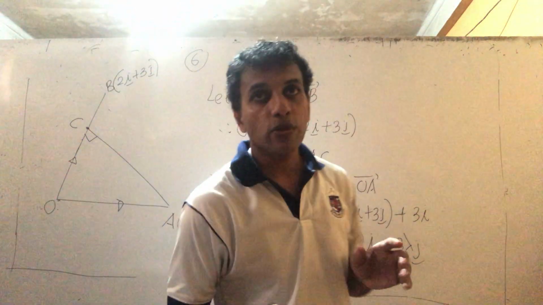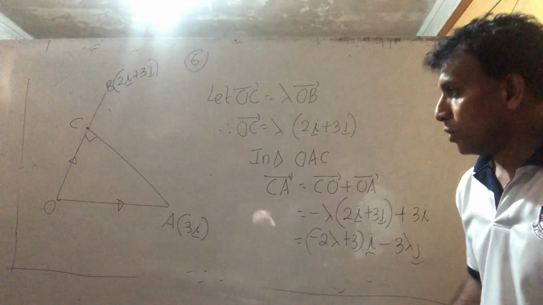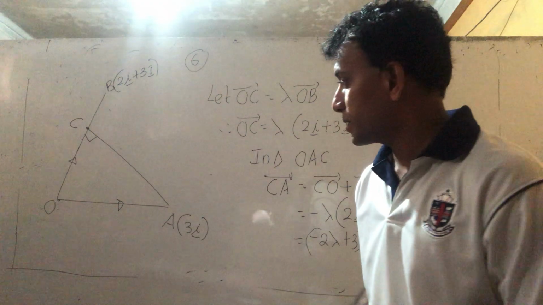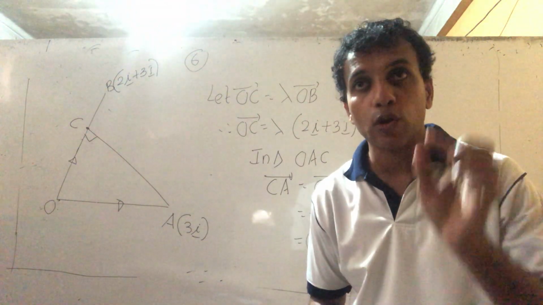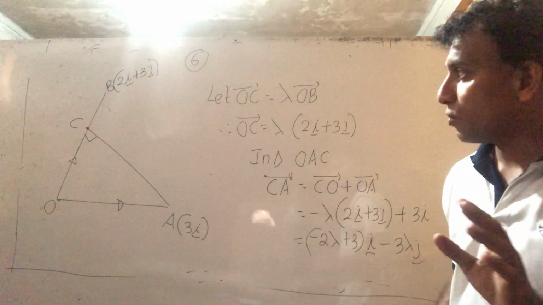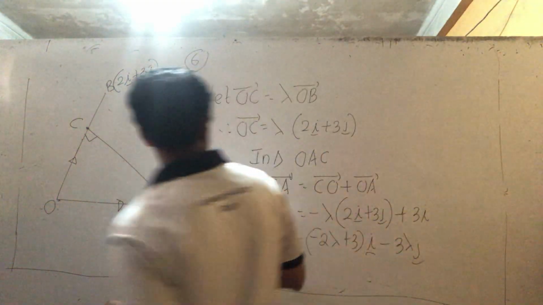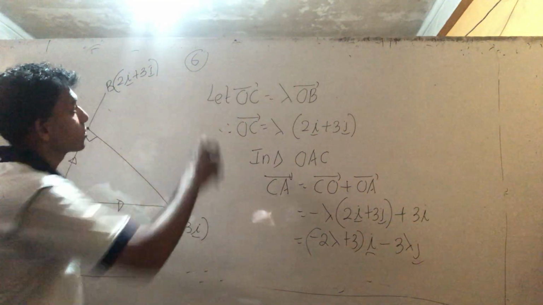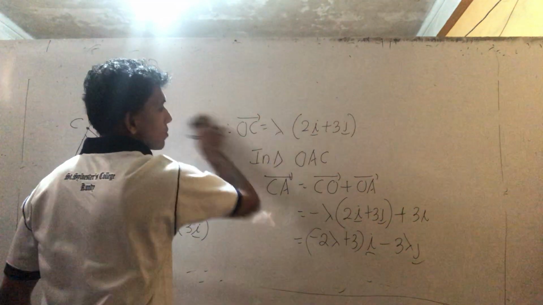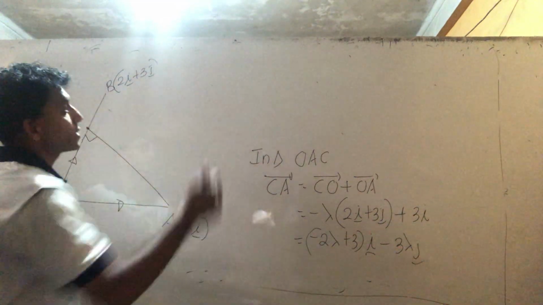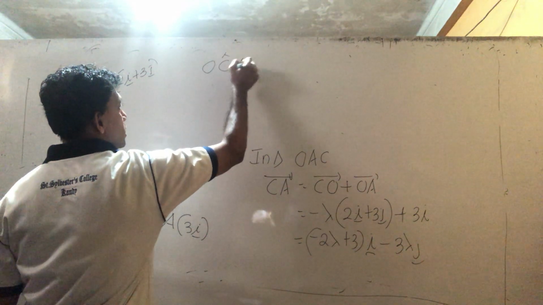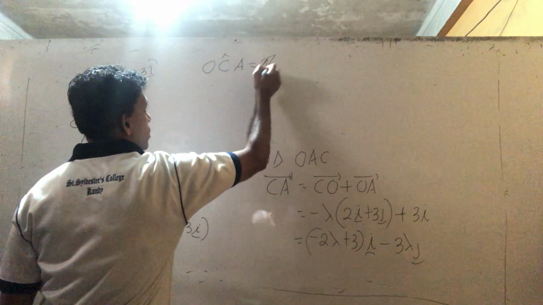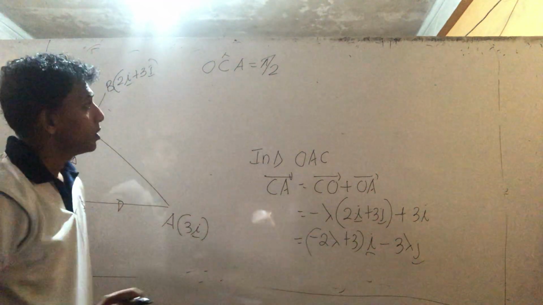Now we'll say about the angle is given. Next you can write this. Given that angle OCA is 90 degrees, or pi by 2.